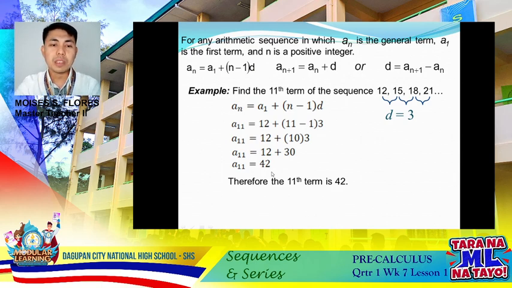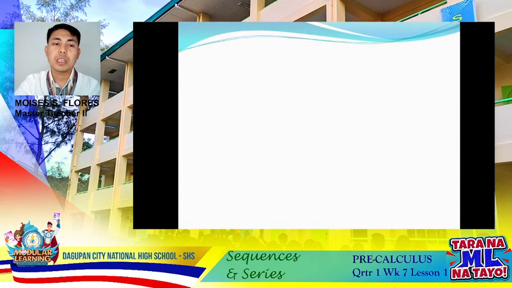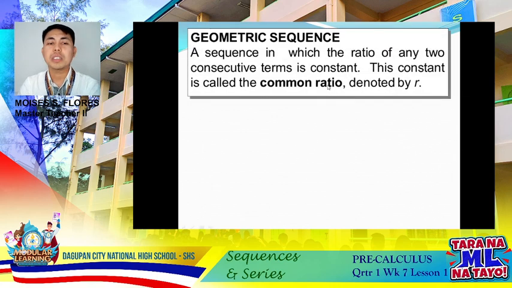Let's proceed with the second sequence. It is called your geometric sequence. A geometric sequence is a sequence in which the ratio of any two consecutive terms is constant. This constant is called the common ratio, denoted by r.